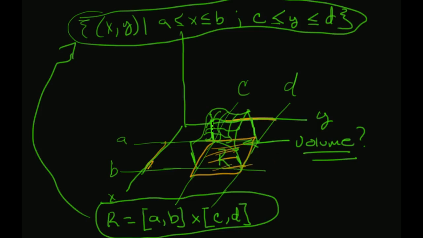And what we want to do is say, if I have some f of x, y surface hanging out above that, what is the volume of this chunk below that surface and above the xy plane?